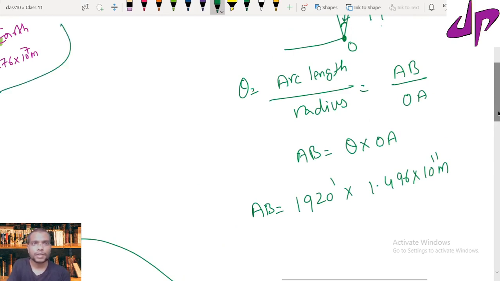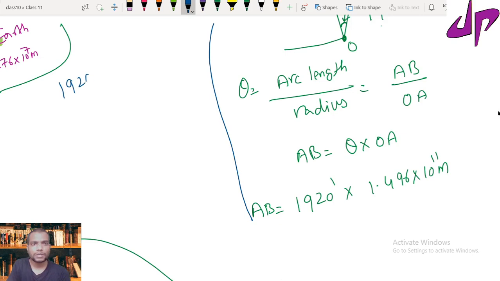So 1920 minutes is equal to 1920 times 1 minute, and 1 minute I write as 60 seconds.